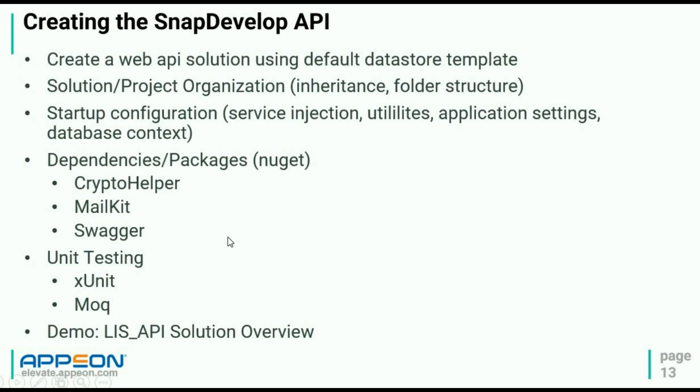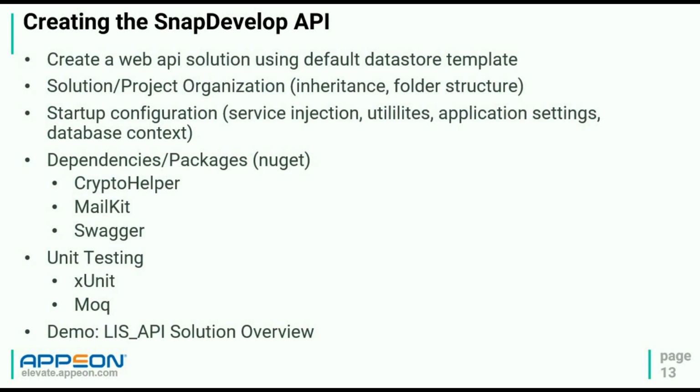The SnapDevelop API is great because one of the best things about it is that it's completely wired up with NuGet, which is a way for you to easily go out and grab frameworks that you can add as a dependency and utilize the code that comes with them.